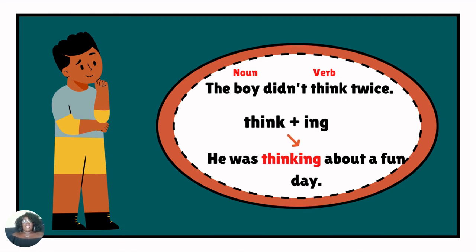Think plus ing becomes thinking. Notice the arrow and the red word. He was thinking about a fun day. Thinking is the action verb. It is a physical action, even though it is mental, but he's actually doing an action. So let's go to our next slide.